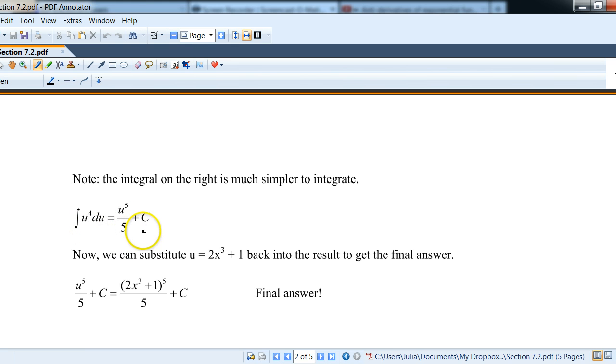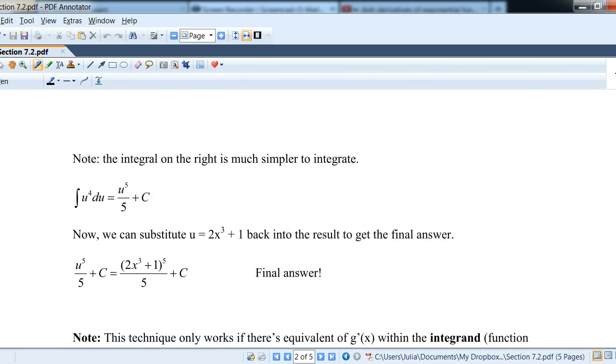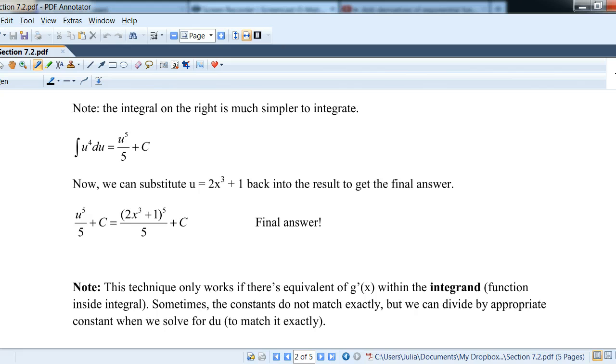So you just have the antiderivative plus a constant. I'll probably be repeating that quite a few times. Anyway, we got the u, and at the end we substitute back. So we'll get the answer as (2x cubed plus 1) to the 5th over 5 plus a constant, and that is your final answer for the indefinite integral, which we will compare to the definite integrals in section 7.4 coming up.